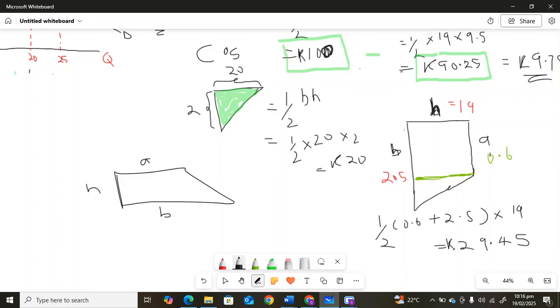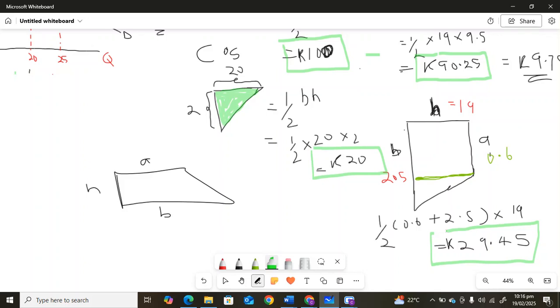Are we all getting that value? So our producer surplus has increased from 20 kwacha to 29.45.